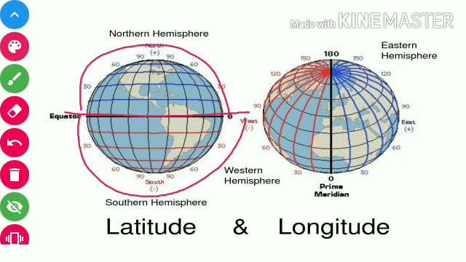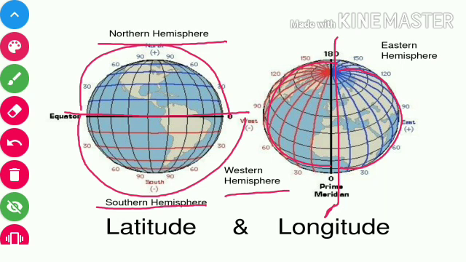We get the northern hemisphere and southern hemisphere. Likewise, if we cut the globe vertically from the middle, we get two half circles called the western hemisphere and eastern hemisphere.